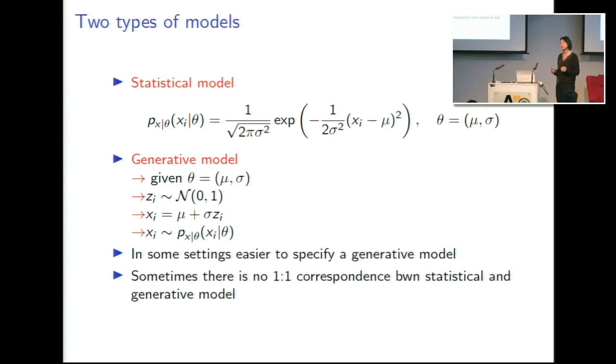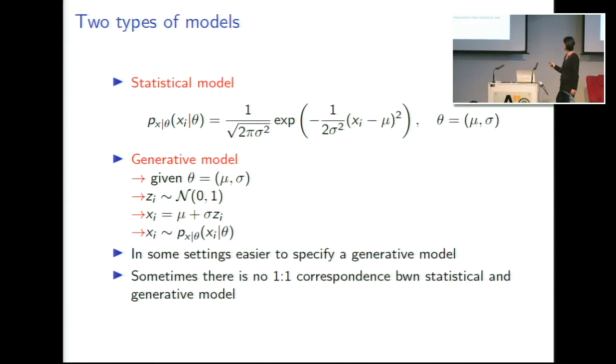Sometimes we cannot write analytically the model, not even up to a normalizing constant. In this case, we talk about generative models, that is, models that, despite not having a closed form expression for the likelihood, can be forward simulated, meaning that if I give you values for the parameter, you can generate some pseudo data on a computer.